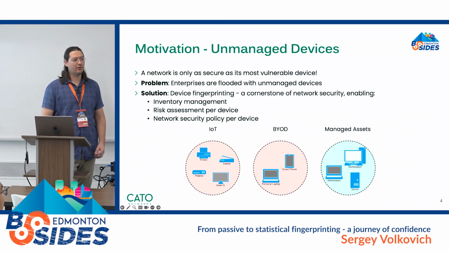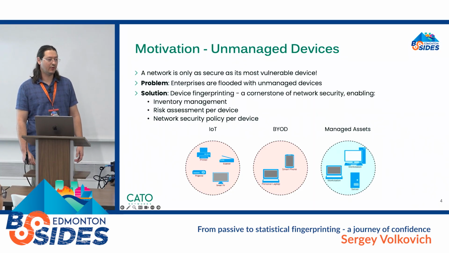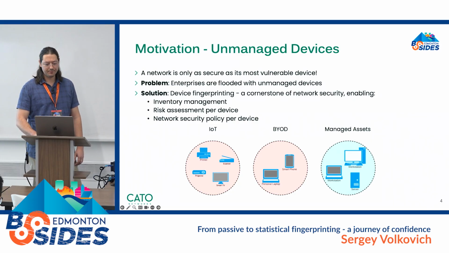These do not contain some agent and are not tracked by the company. Our solution for this problem is, of course, our hero, device fingerprinting, which enables us to manage our inventory, assess risk per device, and apply policies per device type.